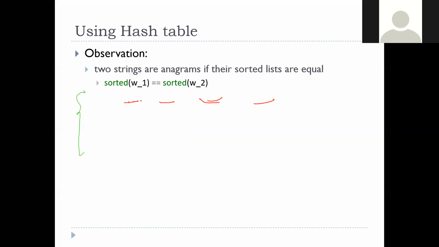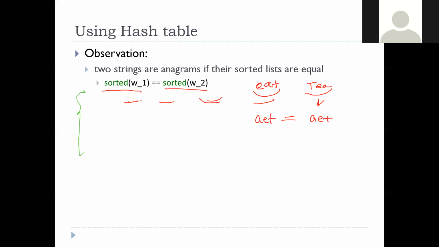So eat and tea, if you sort them alphabetically, then you have A, E, T for both. Then they're exactly the same. So if you sort them, you should get exactly the same sorted list. You can just check whether the sorted lists are the same or not.